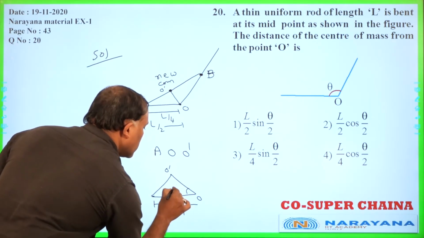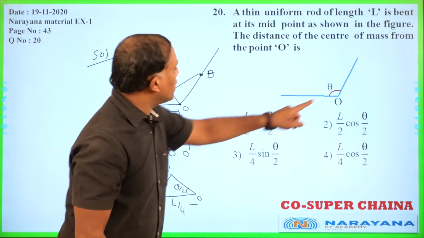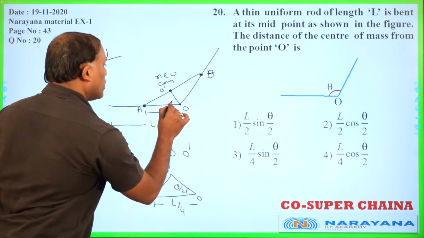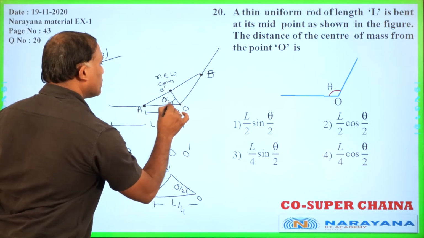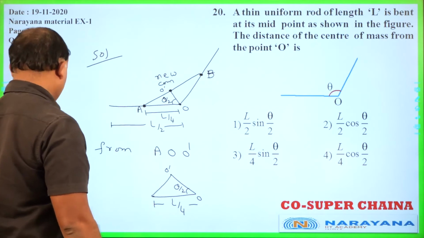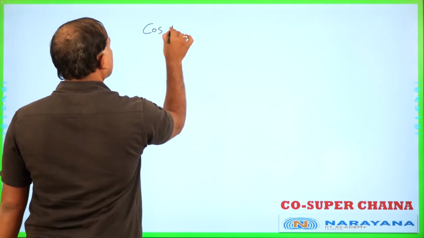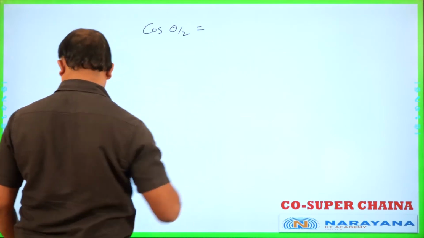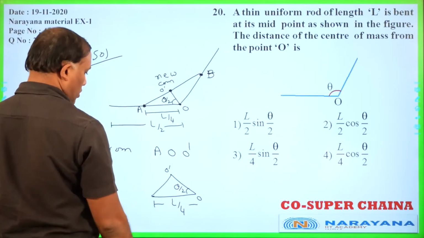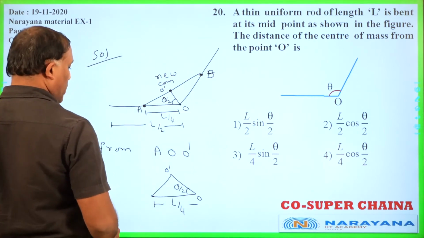And this angle is theta by 2, half of the angle, since the total angle is theta. So from the triangle, cos theta by 2 is equal to O dash by AO.